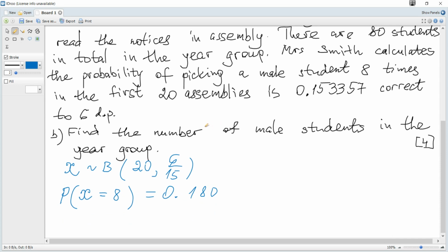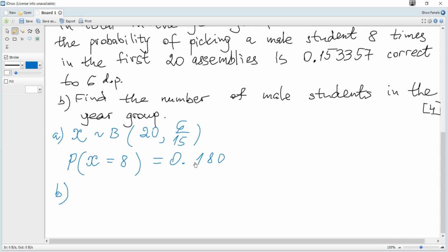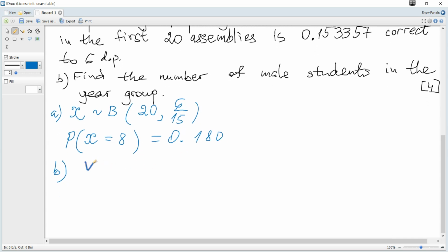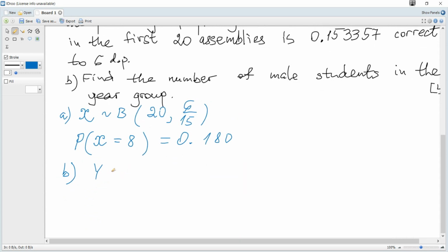So this information may be a bit confusing, but it is not given directly that it's binomial, and you should deduce that the situation can be described by a binomial distribution. Let y be a random variable, the number of male students chosen out of 20 assemblies, and hence y is distributed binomially.